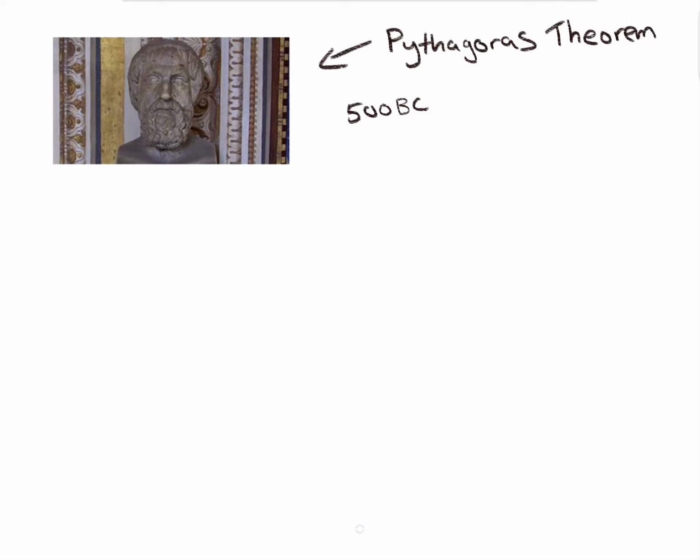People think that Pythagoras is the one who created this, but they've also found out that the Chinese may have discovered it before him or at the same time. That's an interesting story that I'll hopefully tell you in class someday. But in Europe and in America, we often say that this is Pythagoras' discovery. So Pythagoras discovered a rule that involves right-angled triangles.